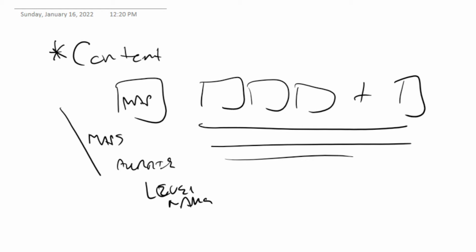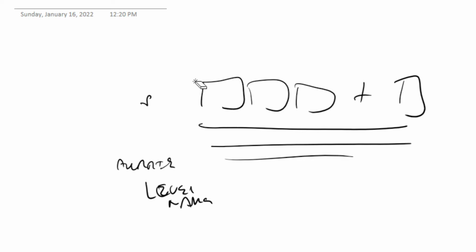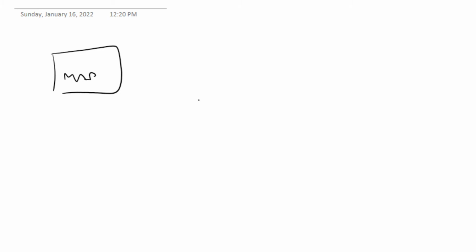Now, the key thing is that there are two ways that I've seen projects done, and we need to support both because it's just going to be too much of a hassle to do either way. The first way is that you'll take some map, and then there'll be some assets along the top.